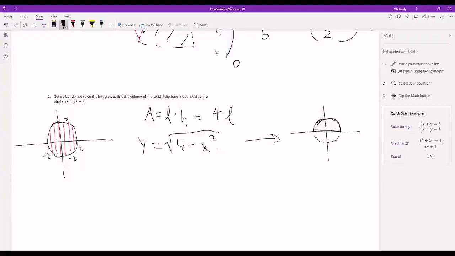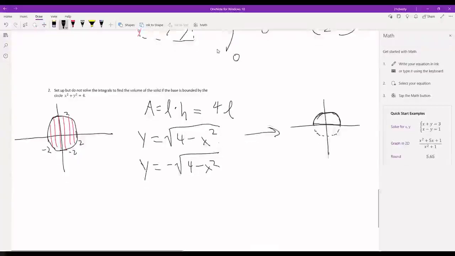Or you just say, y also equals the negative square root of 4 minus x squared, and that will give you the bottom half of the circle.